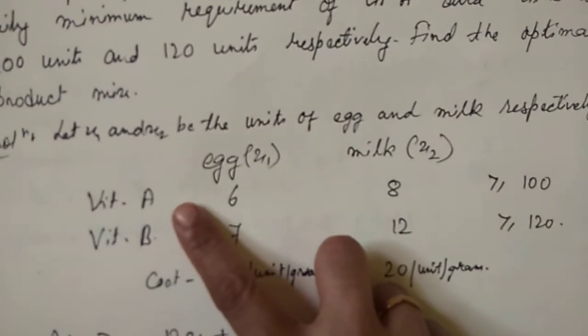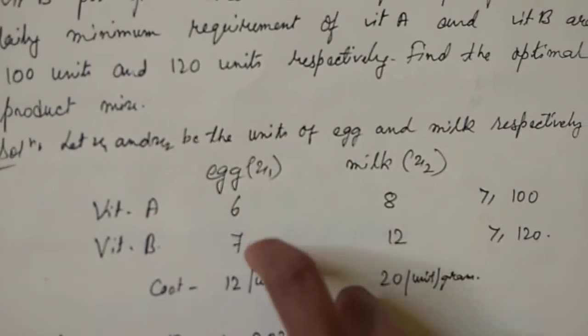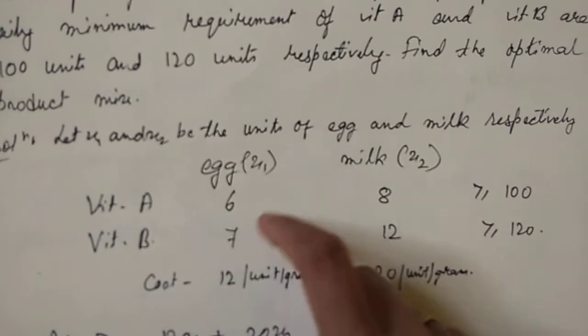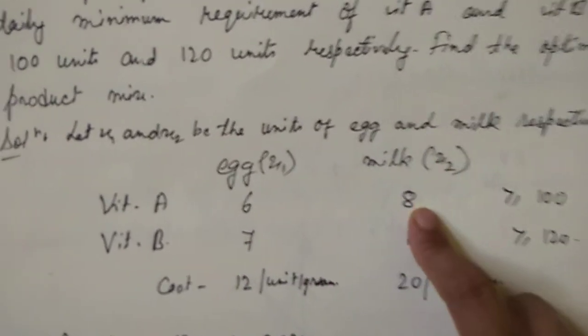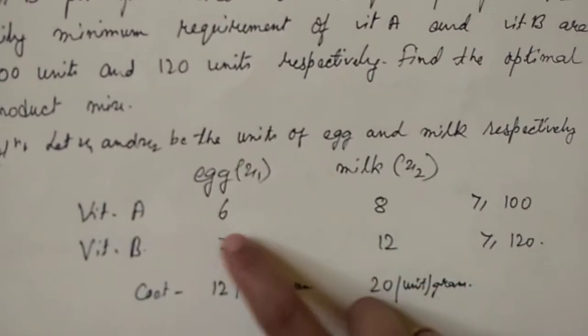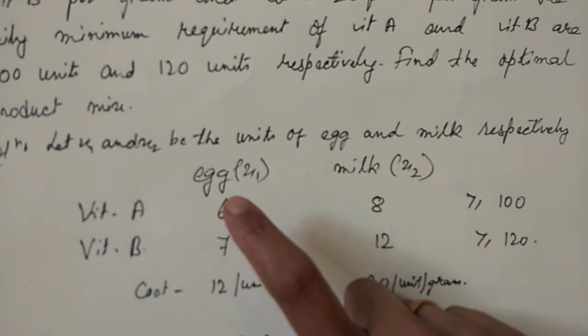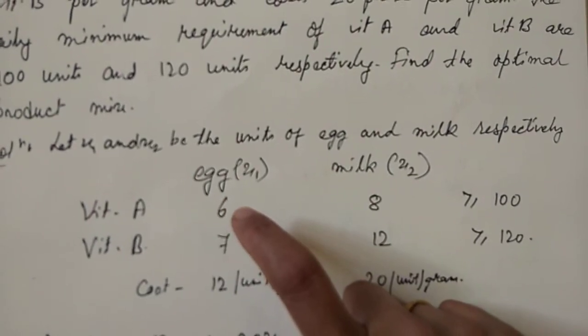Now for vitamin A, in egg there are 6 units of vitamin A and 7 units of vitamin B, and in milk there are 8 units of vitamin A and 12 units of vitamin B. It is given in the question that the minimum requirement of vitamin A is 100.